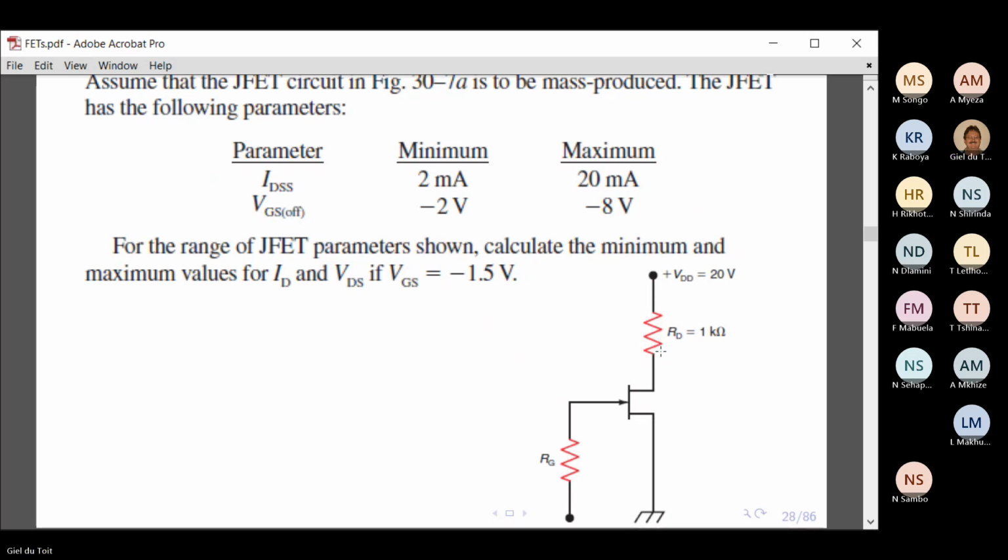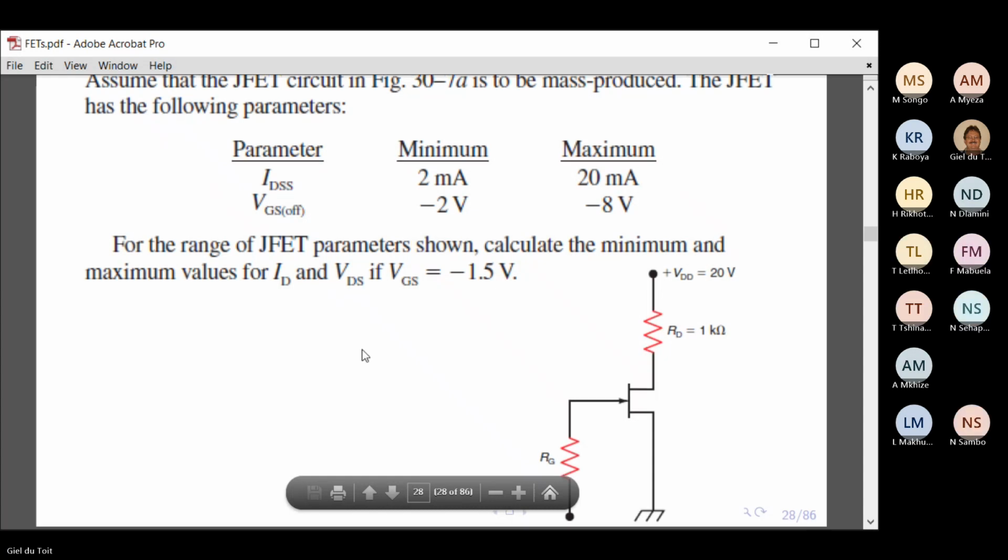And therefore, 20 minus 20 is 0. So this voltage will now be 0 volt. And it's saturated because this thing is fully on. It's saturated just like a BJT also gets a saturated voltage, almost 0 volt sitting over it. So 20 minus 20 is 0.